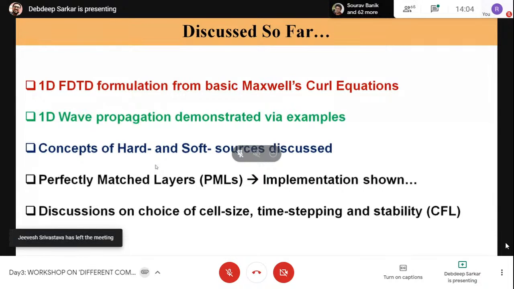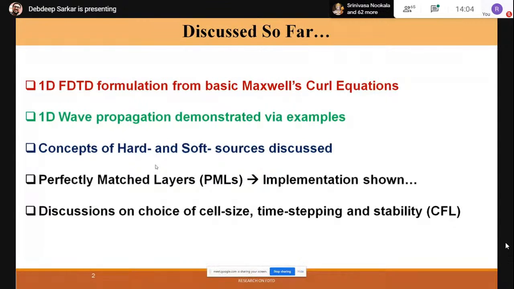It is analogous to the anechoic chamber, as I mentioned. When we do antenna measurement, we put our test antenna and the entire assembly in the anechoic chamber to characterize the antenna. In a similar way, here we are numerically characterizing our systems. That is why we need these perfectly matched layers to terminate.